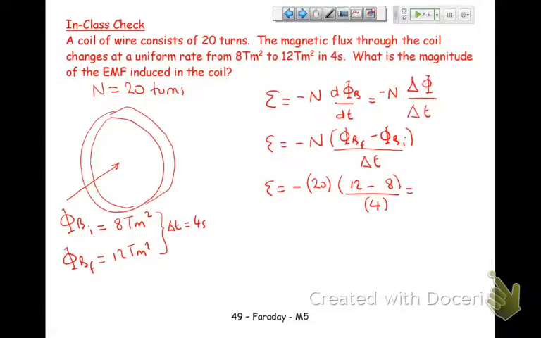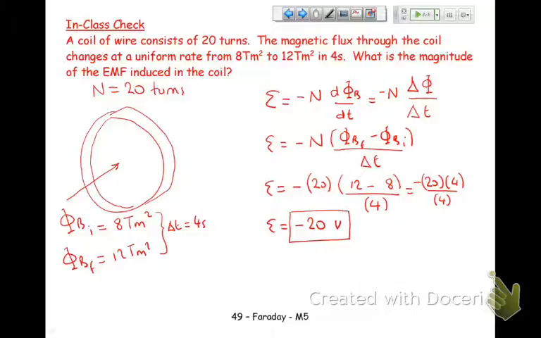So that's going to be minus 20 times 4 over 4. E is equal to minus 20, and the units are going to be volts.